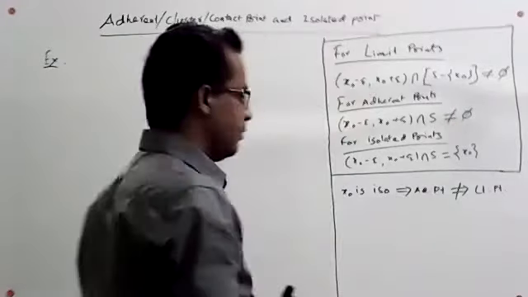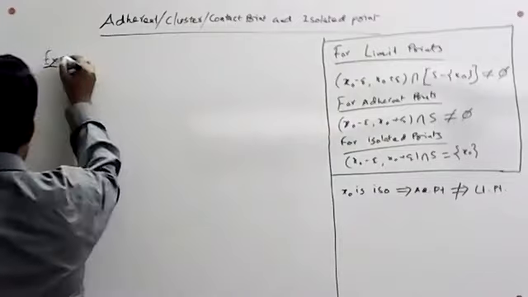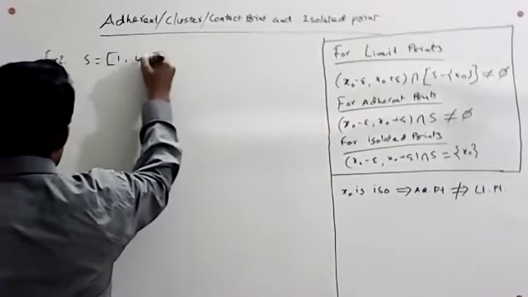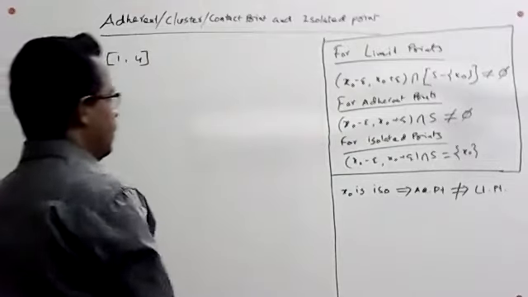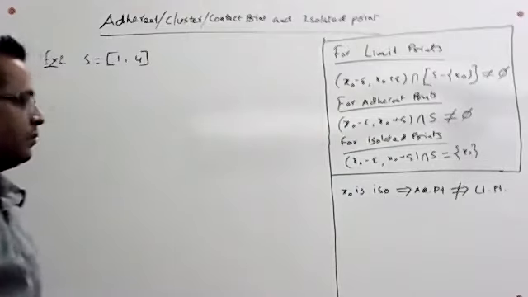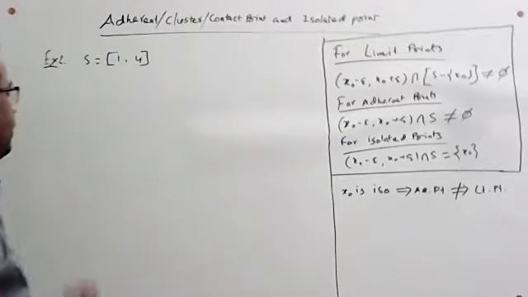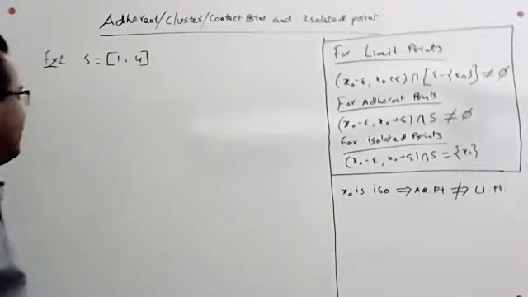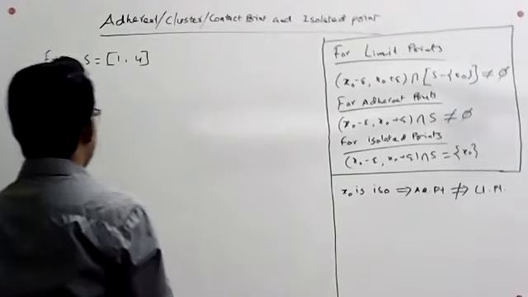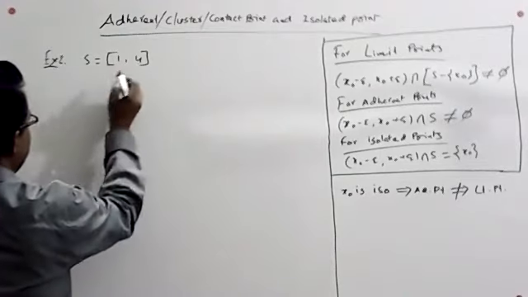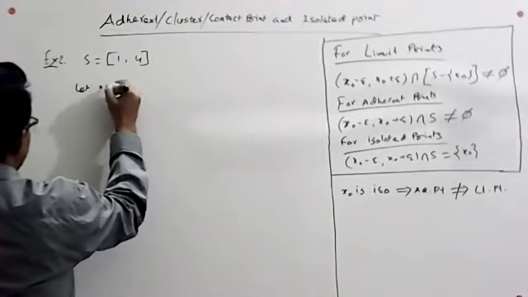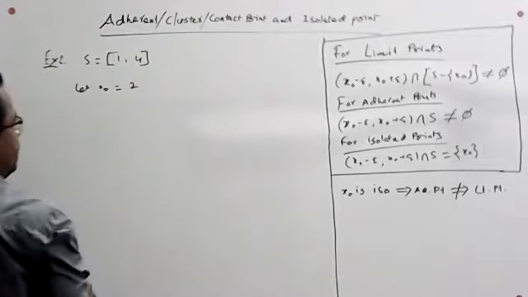Our second example, example number 2: S equal to the closed interval [1, 4]. Now we will also find all the respective points of this set. First of all, we take a number from this set, an interior point, let x0 equal 2.